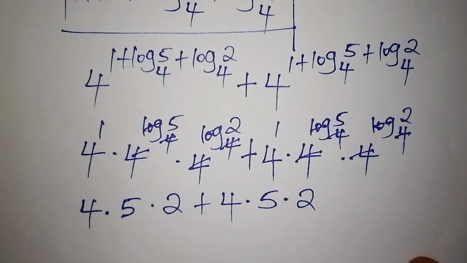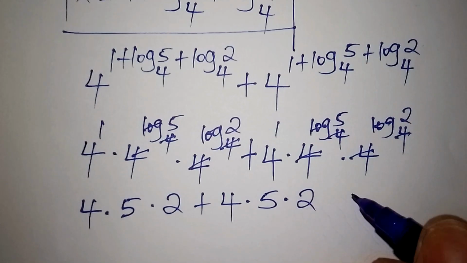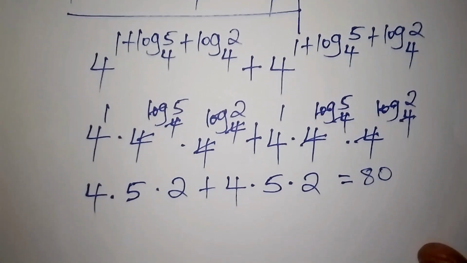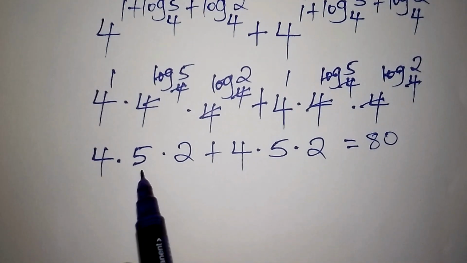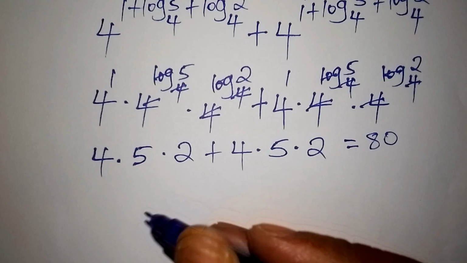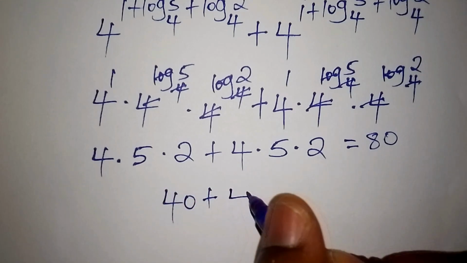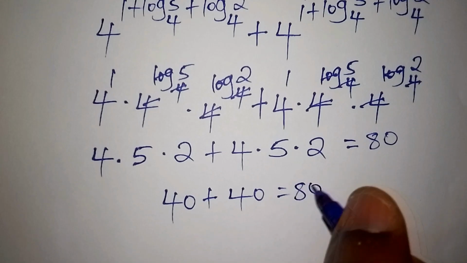So next, all of these should be equal to 80. So 4 multiplied by 5 is 20, then 20 multiplied by 2 is 40. So now 40 plus the whole of this one, which is also 40, is equal to 80.